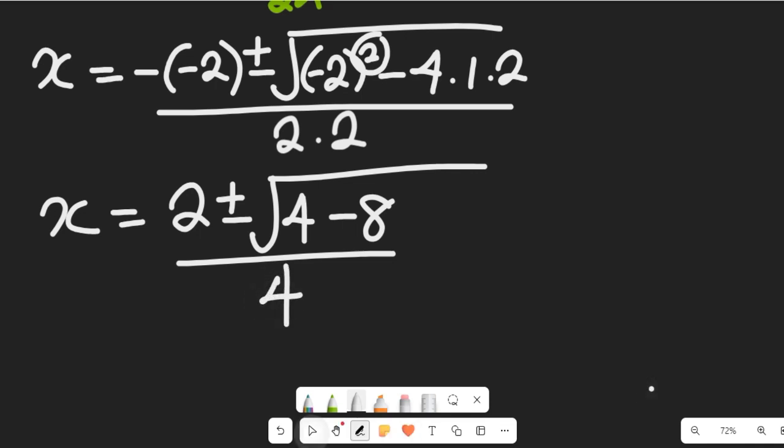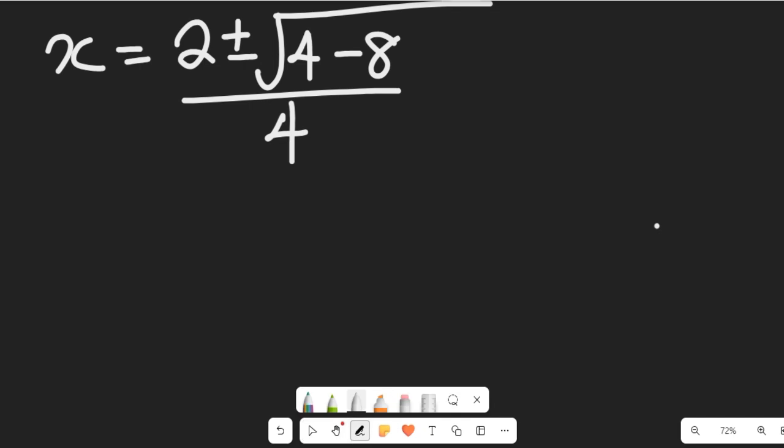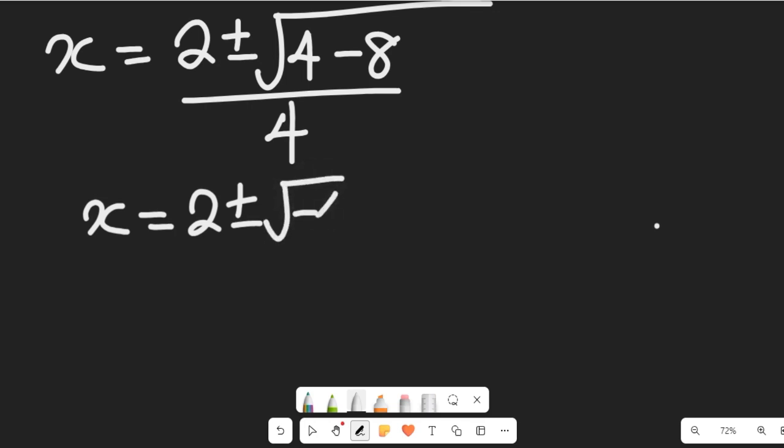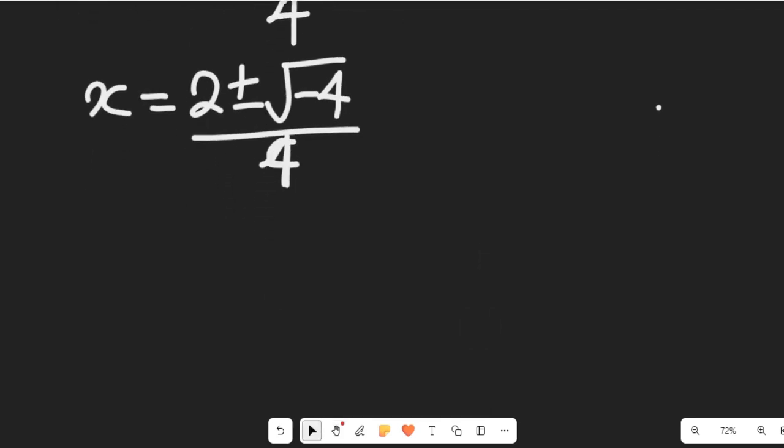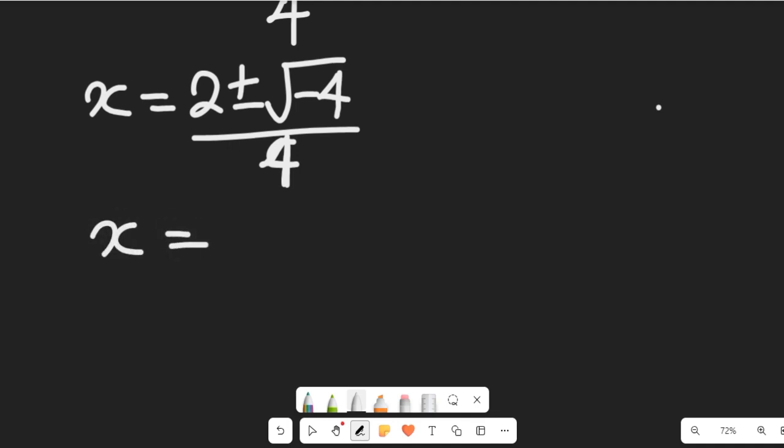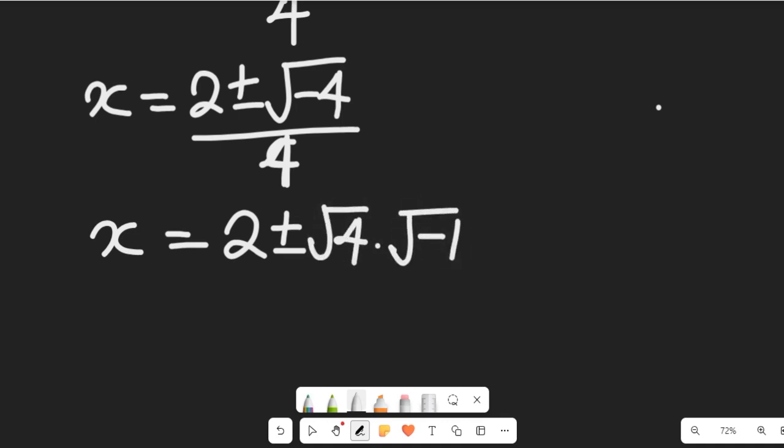So looking at that expression, we are now going to simplify further. Simplifying that expression, we'll have our x to be equal to 2 plus or minus the square root of negative 4 divided by 4. So from here, we can simplify further. And if I simplify further, we're going to have our x will be equal to 2 plus or minus, this can be 4 multiplied by the square root of negative 1, right?